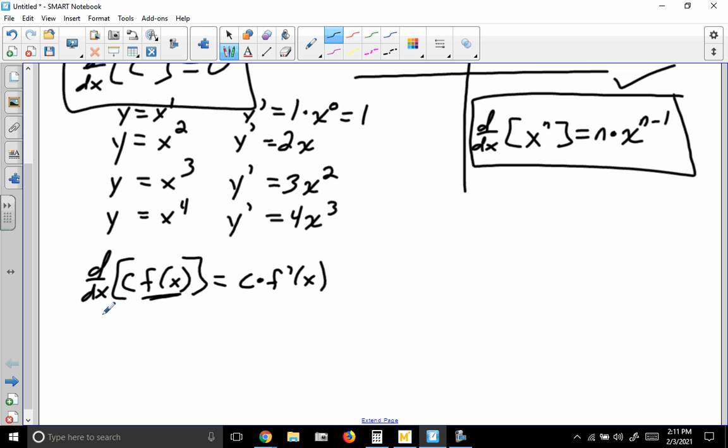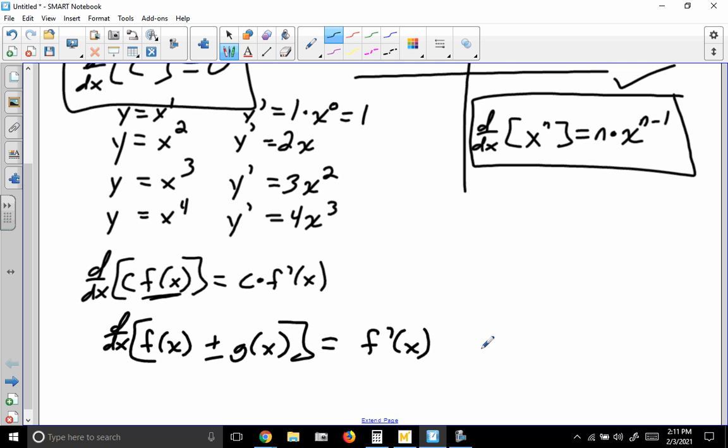The other rule that we're going to look at for this section is, what if we have things added or subtracted? If I have pieces that are either added together or subtracted, and I know how to take the derivative of each piece, then I take the derivative of the first term, I take the derivative of the second one.